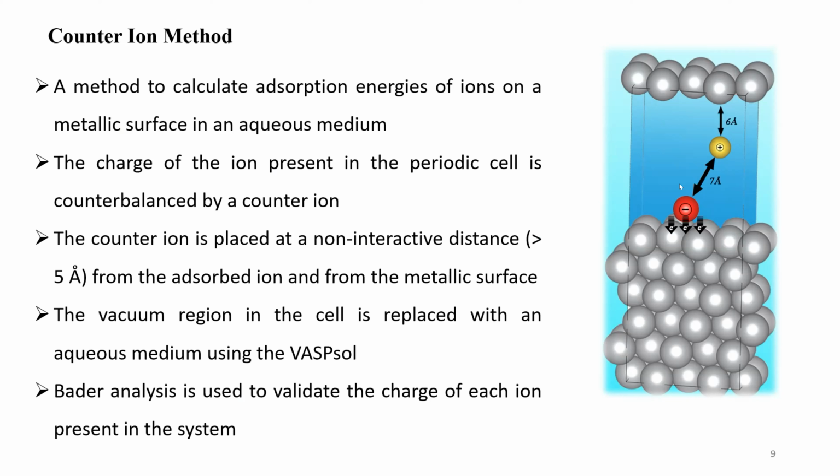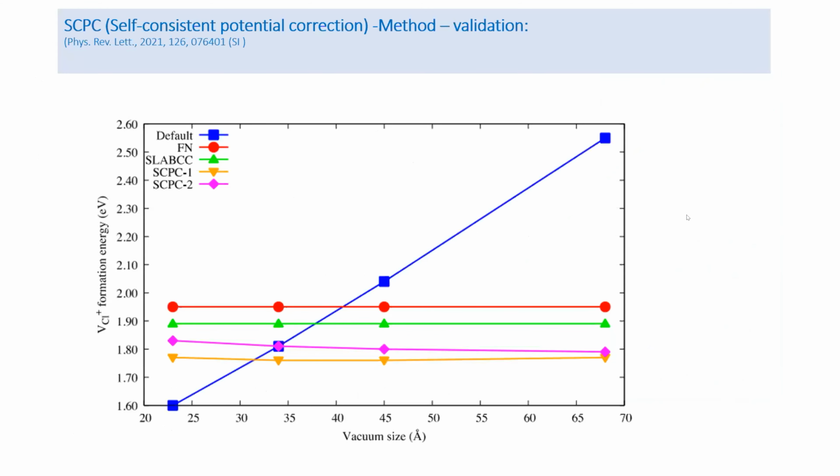We replace the vacuum by aqueous solution using VASP-sol, and we perform Bader charge analysis. And the charge of the sodium here should be +1. If this is +1, okay, our system is what we mean it to be.